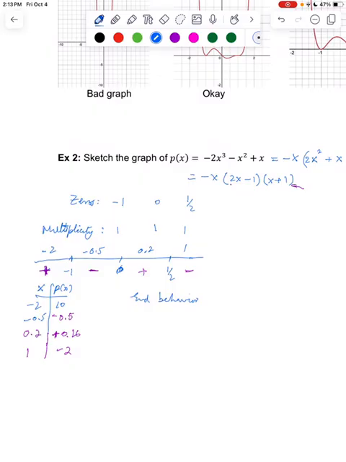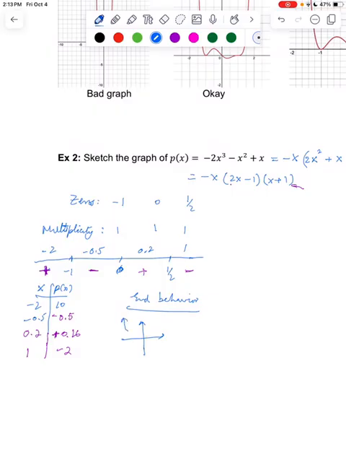When we are coming from a very, very large negative number, the y is way up there, so it's going to be like this.